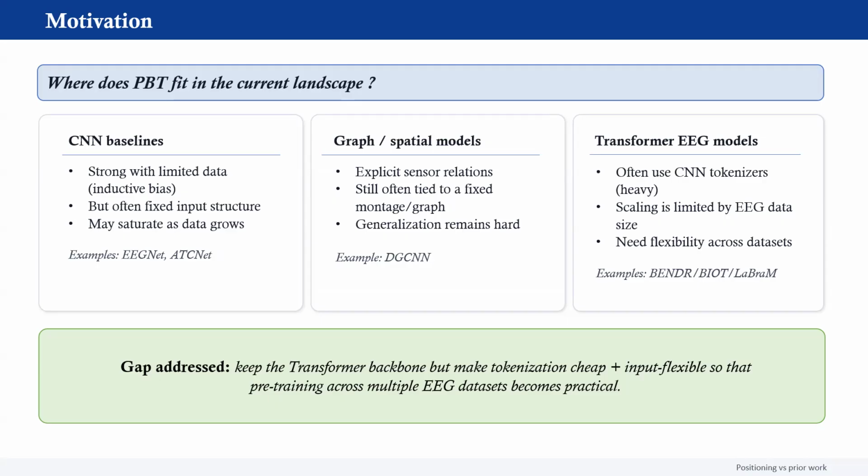In such input conditions, people generally prefer to use CNN-based tokenizers because the hope is that they will be able to capture local patterns better in the context of images. And these CNN tokenizers, while they do a good job, can be very parameter inefficient.